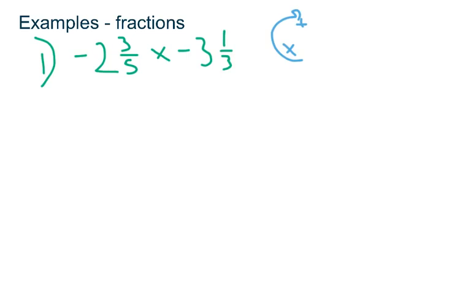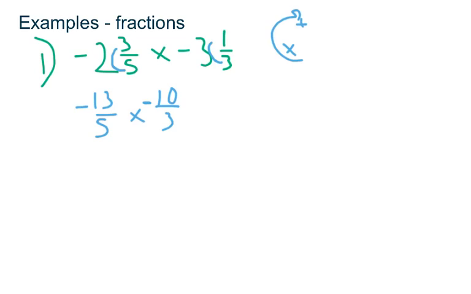To switch these mixed numbers into improper fractions, we'll end up getting 2 times 5, which is 10, plus 3 is 13. So negative 13 over 5. And then we'll do 3 times 3 is 9, plus 1 is 10. 10 over 3, and again I can't forget my negative sign on that one.